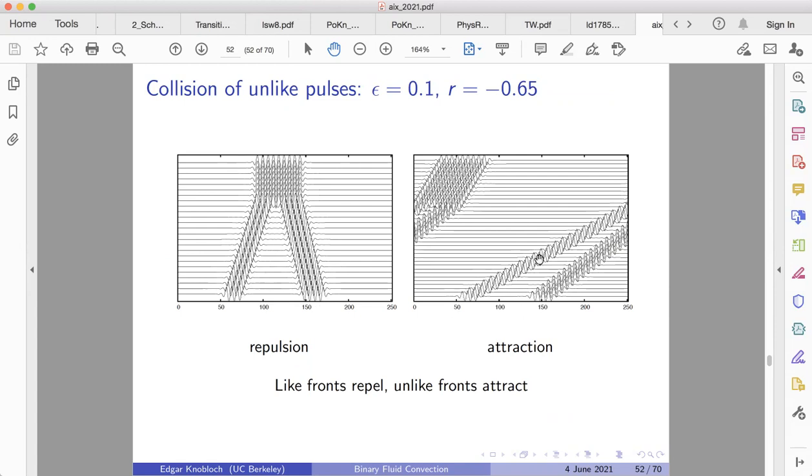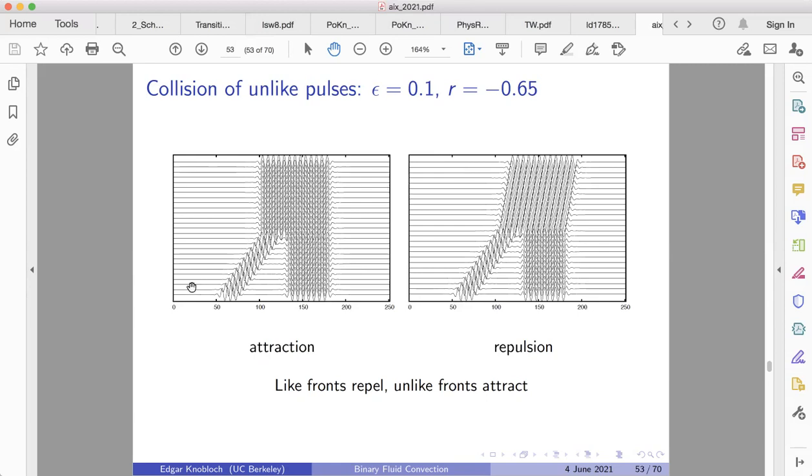Here is a follow-on collision that ultimately results in a single moving localized structure. Here I have an attractive collision where the front here is the opposite to one over here. And this is a collision between a moving and a stationary state, creating a stationary state.